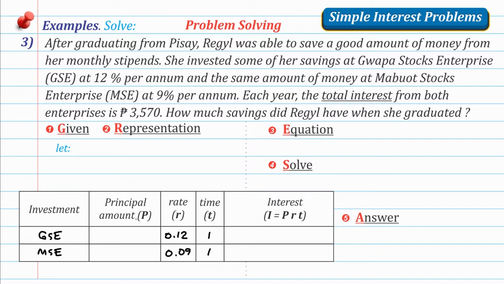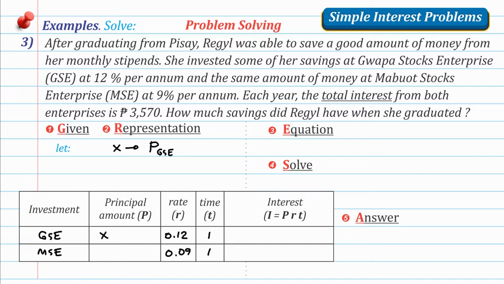Now, the very important principle. Sinabi ba kung magkano ang pinasok niya sa GSE and sa MSE? It's not given. Sabi lang, she invested some of her savings at GSE. Now, why not try to let that be X? X be the principal at GSE. Because we're looking for that, let's place that here.